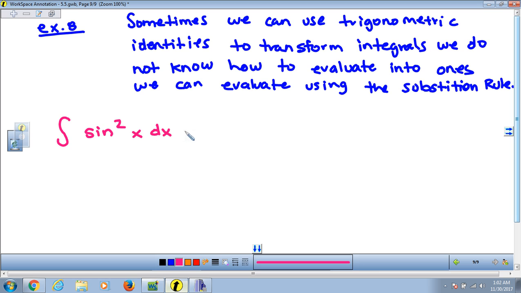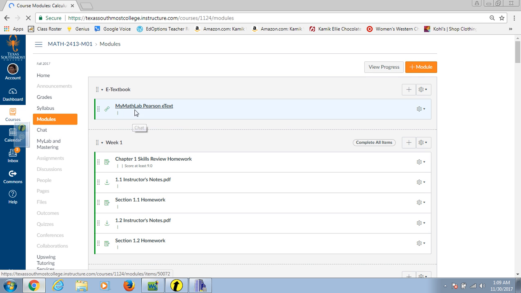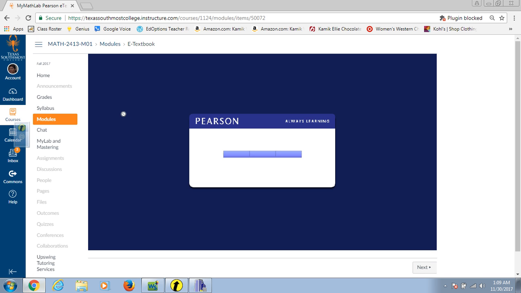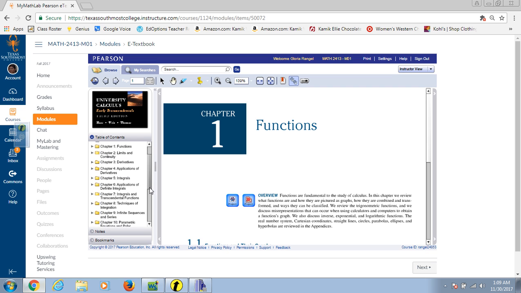So I need to find an antiderivative for this. If I go back to, let me see if this shows. If it doesn't, I'll open it directly from my MATLAB. Okay, it's going in the book. So in section 4.8, that is where the rules for the antiderivatives are located.